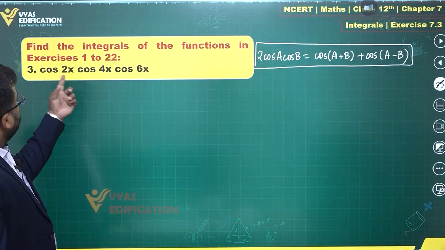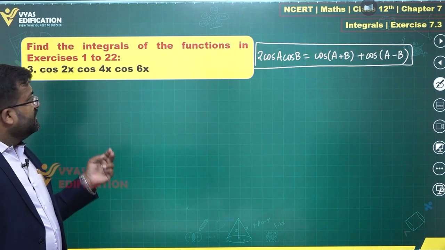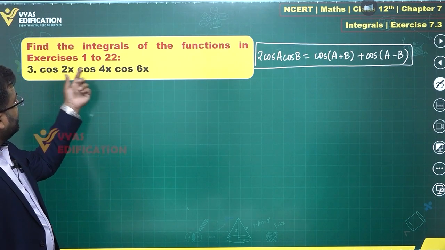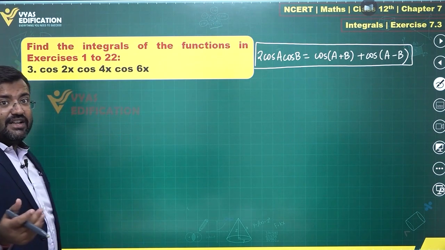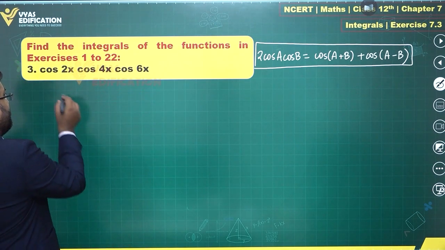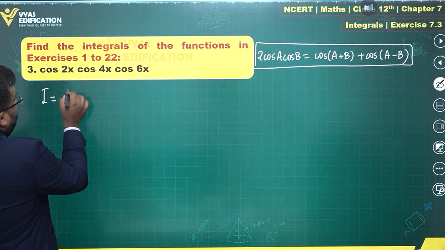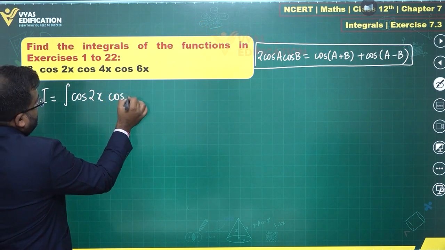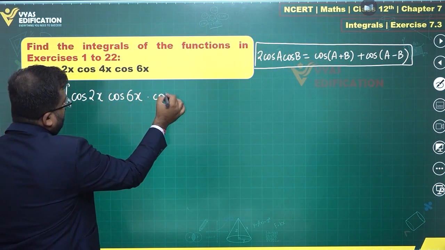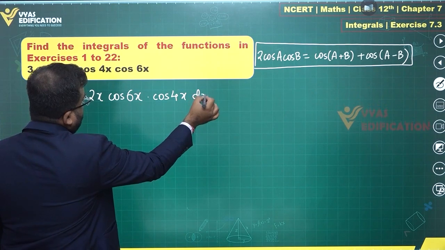And which two cosines should I take? So instead of taking 4x, let's take the two extremes, cos 2x and cos 6x, and see where that takes us. So we have I equals the integral of cos 2x cos 6x together into cos 4x dx.